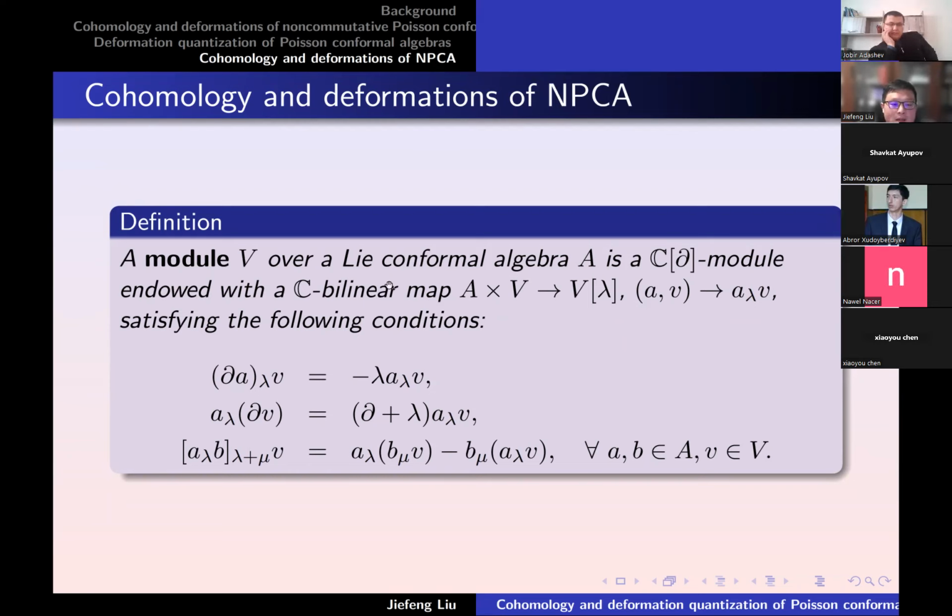First, we recall the module over the conformal algebra. Our module V over the conformal algebra A is a C[partial]-module, together with a C-bilinear map, which we denote by A lambda V, satisfying the following conditions. It's very similar to the condition of the conformal algebra.